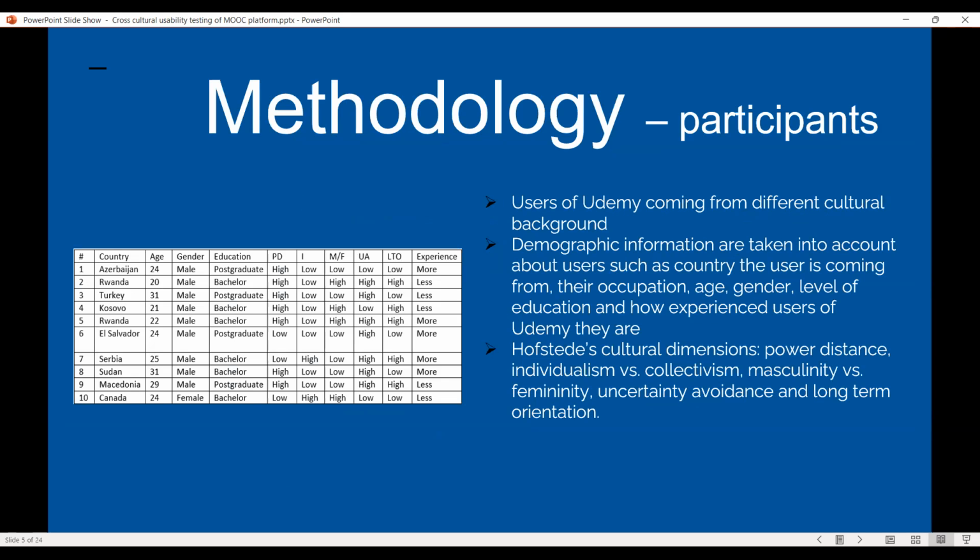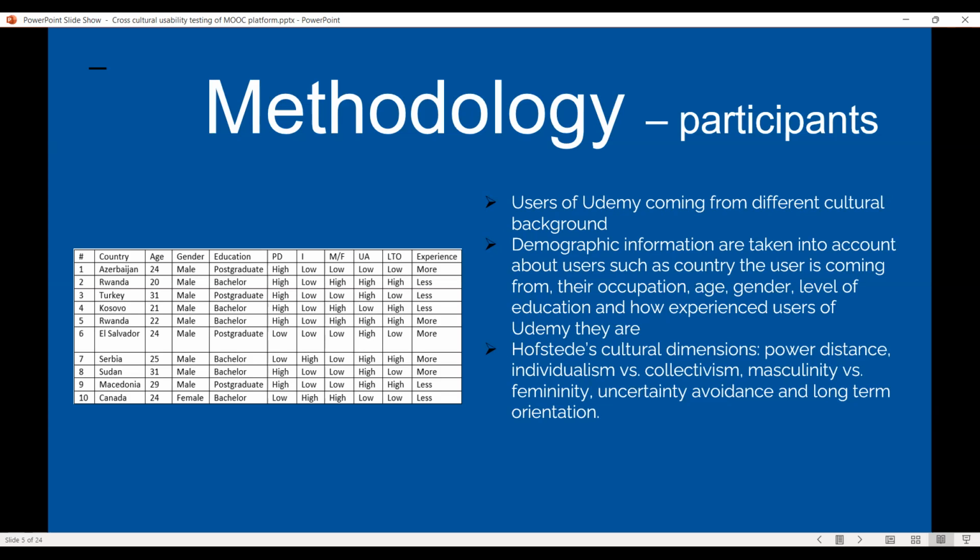Participants in this study were users of Udemy coming from different cultural backgrounds. The pretest questionnaire they filled in gave their demographic information: age, gender, education.